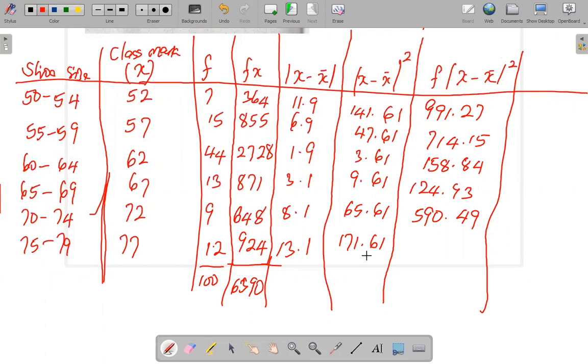Finally, 12 multiplied by 171.61 is 2,059.32.